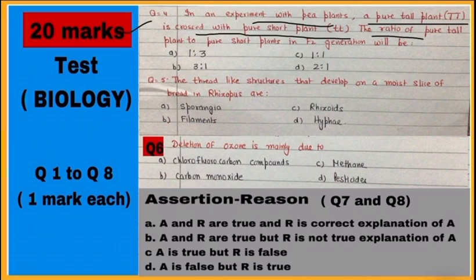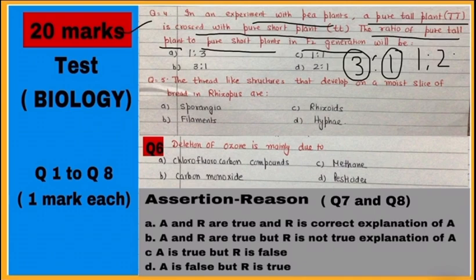The ratio of pure tall plant to pure short plants in F2 generation will be: in F2 generation, the phenotypic ratio is 3:1, where 3 are tall plant and 1 is short plant, while the genotypic ratio is 1:2:1, where 1 is pure tall plant, 2 are hybrid tall plant and 1 is pure short plant. So, the ratio of pure tall with pure short plant is 1:1. So, correct answer is C.